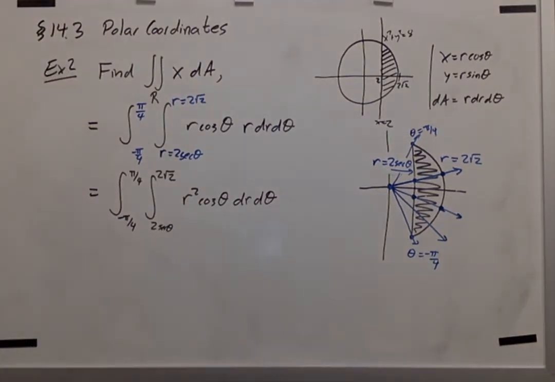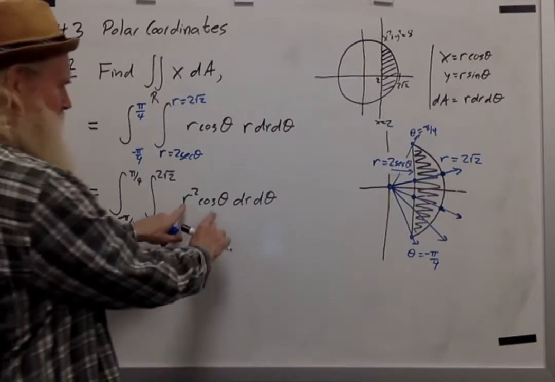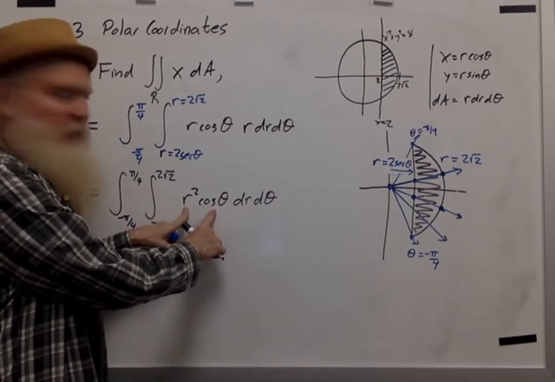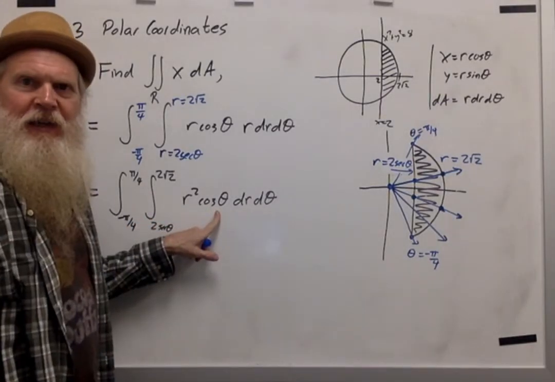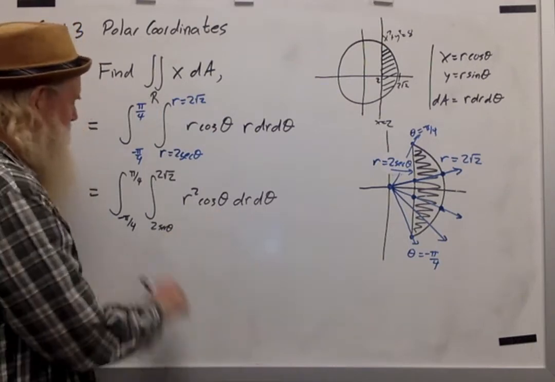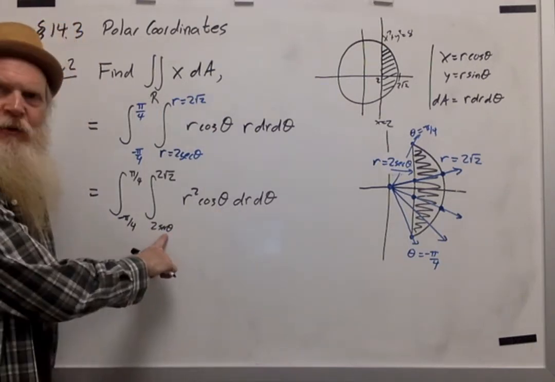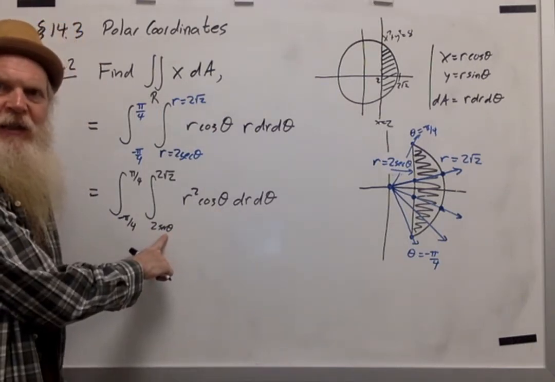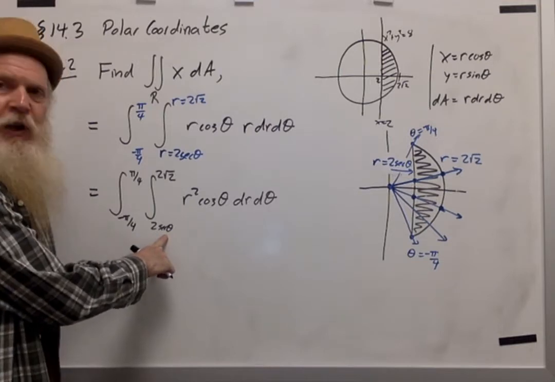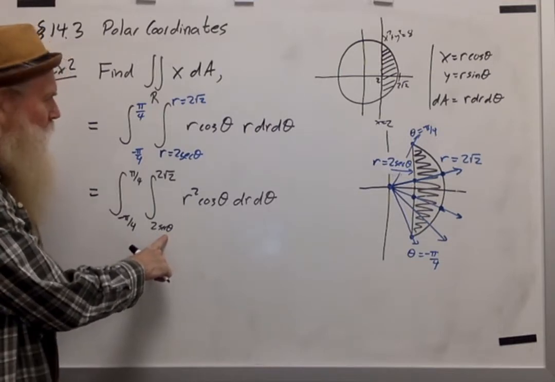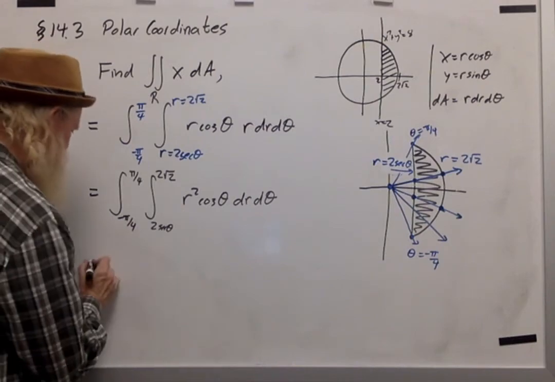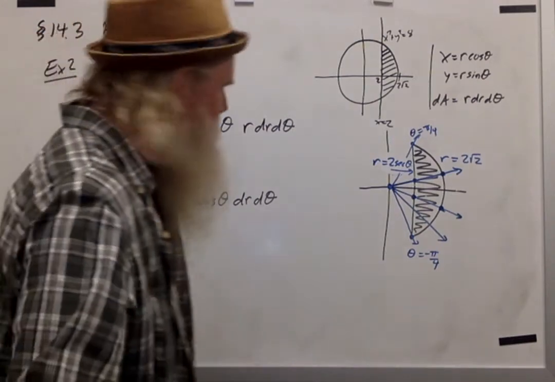Now you may think this is going to knock itself out quickly like the previous two, because the integrand, once again, is the product of a function of r and a function of theta. Unfortunately, this bound right here is not a constant. Remember, we can only split this up as the product of two integrals when all 4 bounds are constants. So I'll have to integrate this the slower way.